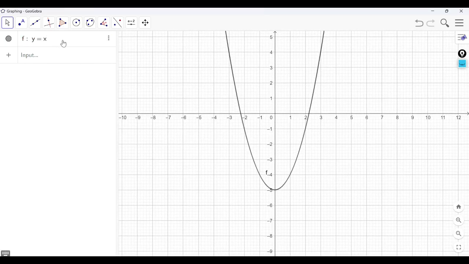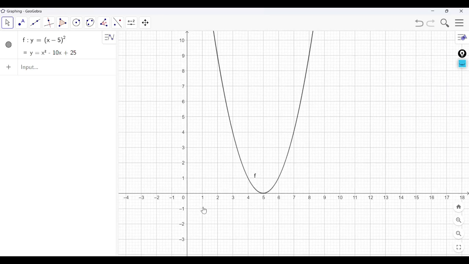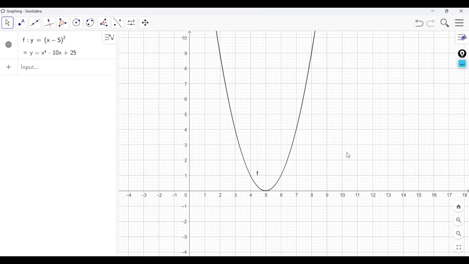Okay, let's go back. We had x minus 5, and we squared it. So we moved 5 to the right. I'll try to pull this down so we can see it a little better. It just moved 5 to the right. If you add 5 instead of subtract 5, it goes left.